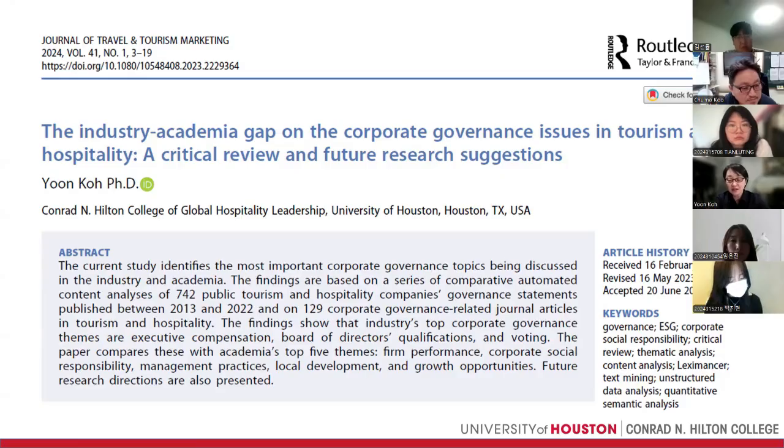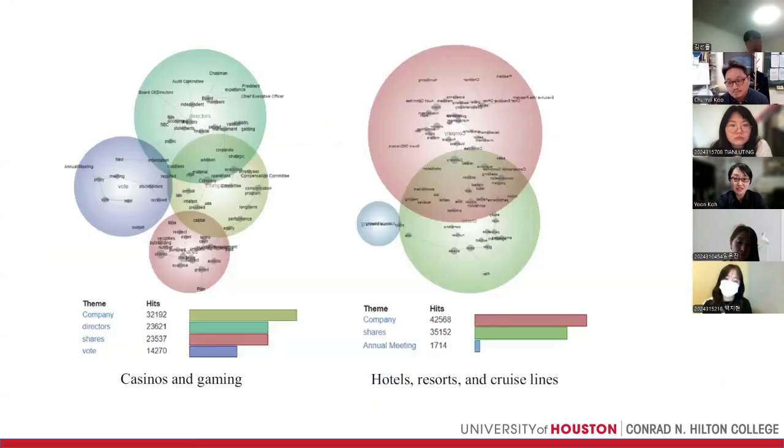So I collected data from the annual reports. This is public information. I collected the data specifically under that particular item, and then I analyzed it. I did the automatic content analysis using Leximancer, and I compared 4 different industries, but for the sake of the limited space here, I'm showing only 2.